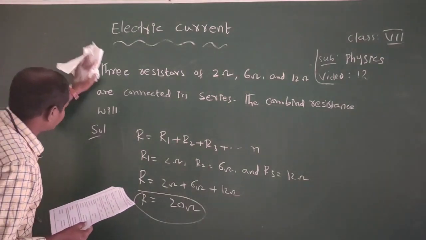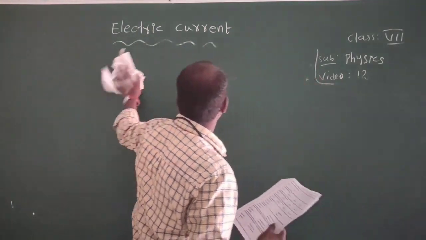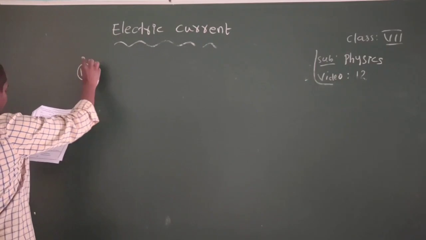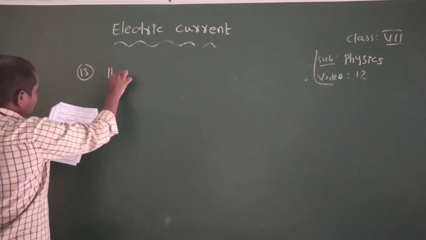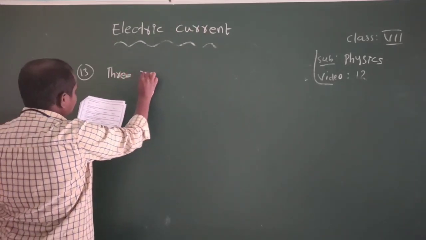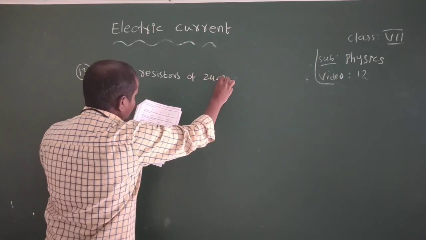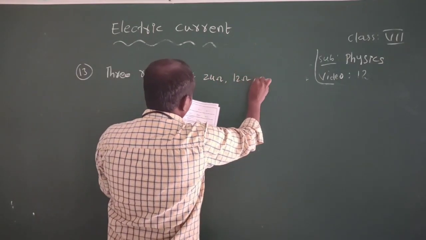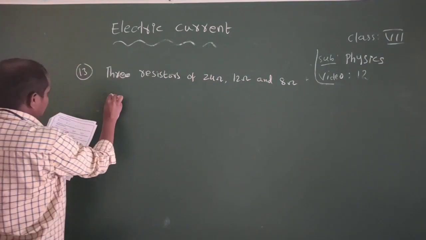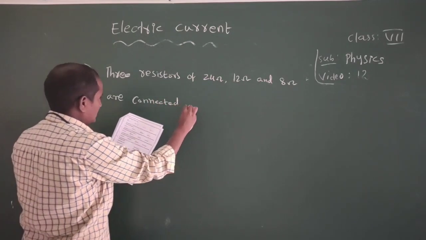Next, question number 13. Three resistors of 24 ohms, 12 ohms and 8 ohms are connected in parallel.